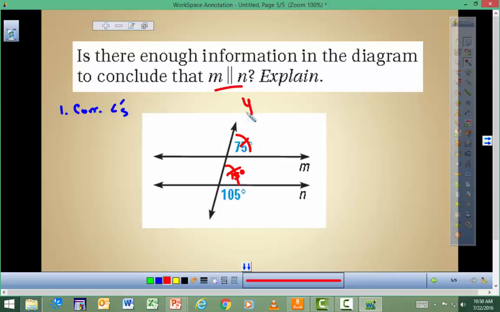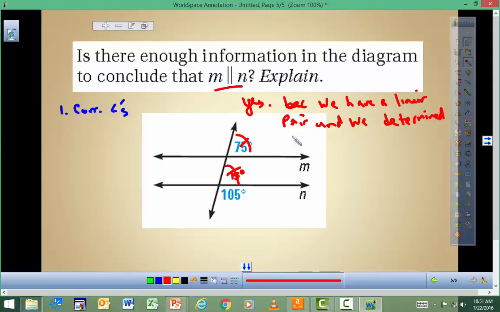So we're going to say yes, because we have a linear pair and we determined that the corresponding angles were congruent.